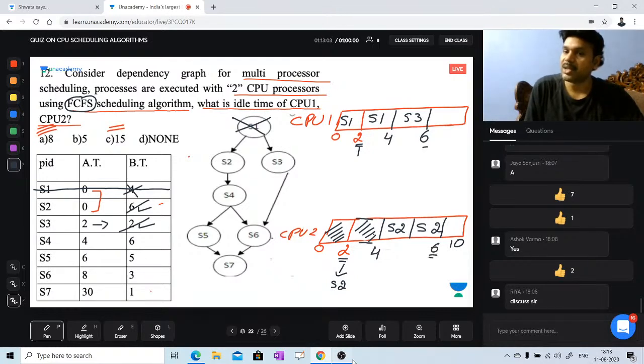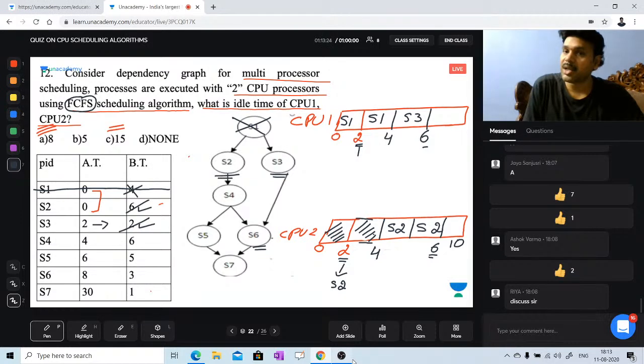Then CPU2 is still busy but CPU1 has completed. Please understand, soon after completion of S3, I cannot run S6 because S6 depends on S4. Therefore, what do I need to do? You need to wait till the completion of S2 here.